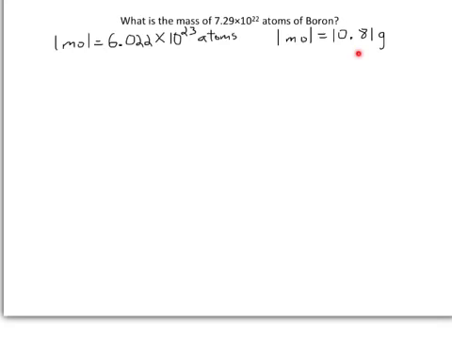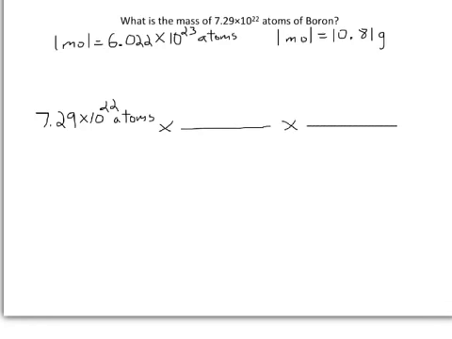So let's write down what we're trying to convert. 7.29 times 10 to the 22 atoms. This is going to be a 2-step conversion, so I left 2 spots for it. So in the first one, I want to get rid of atoms, so I find the atoms in my conversion factors.